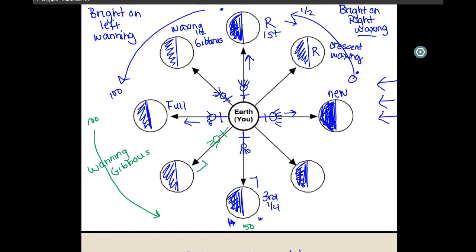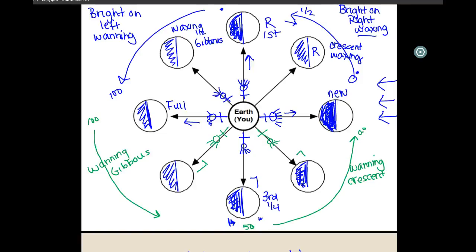Here we're going from 50% illuminated to nothing illuminated, so again we're getting less bright, so we're still waning. And it's going to be less than half because we're going from 50 to nothing, so it'll be a waning crescent. And our person would be seeing it on the left.